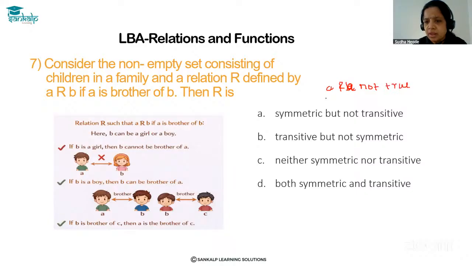This implies R is not reflexive. A cannot be brother of himself. Therefore, R is not reflexive. If a is brother of b, can b be brother of a?